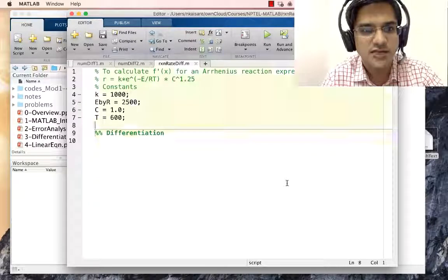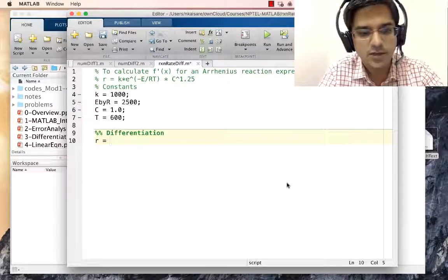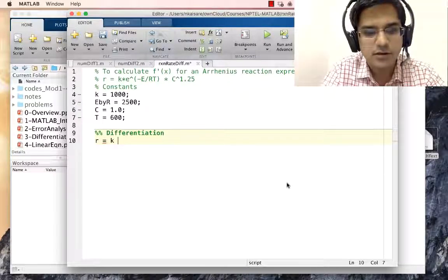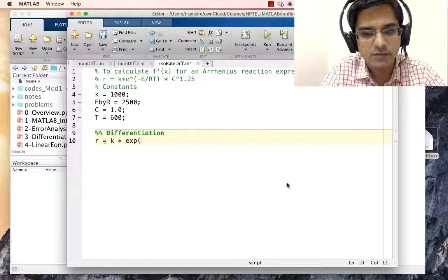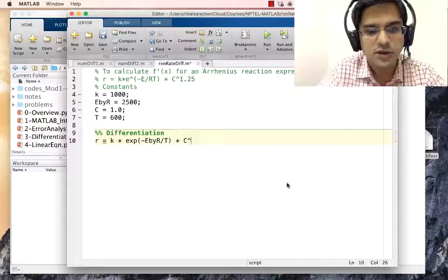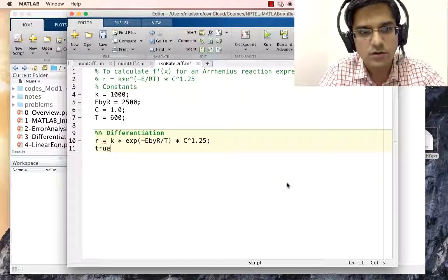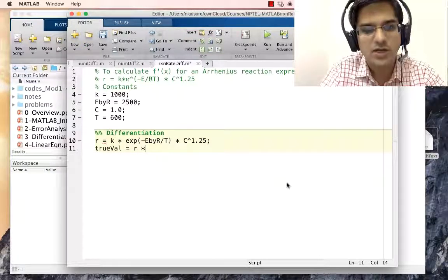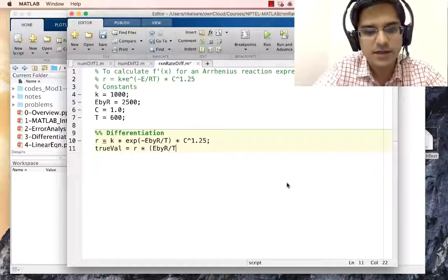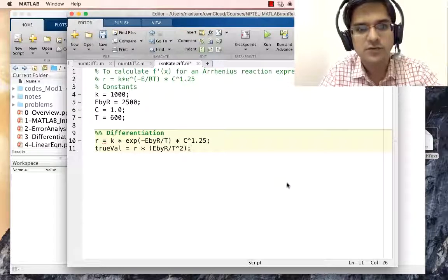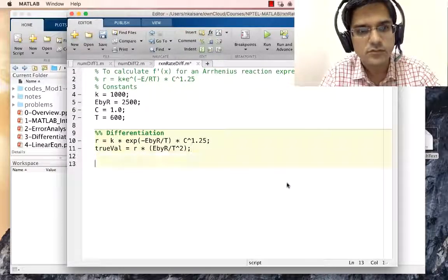So let's first calculate the rate R equal to K multiplied by exp of minus E by R divided by T multiplied by c to the power 1.25. That's the rate. True val is just going to be equal to R multiplied by E by R divided by T squared. That's our true val.